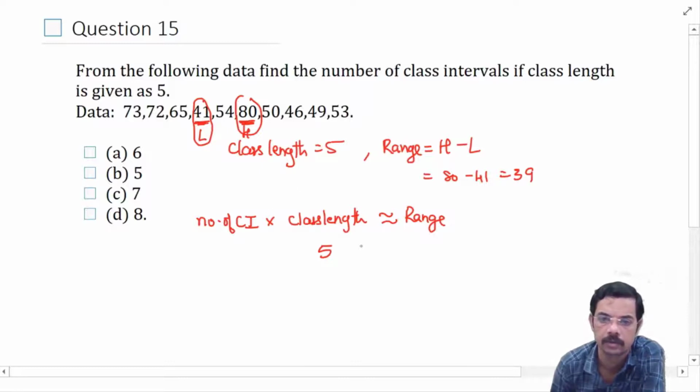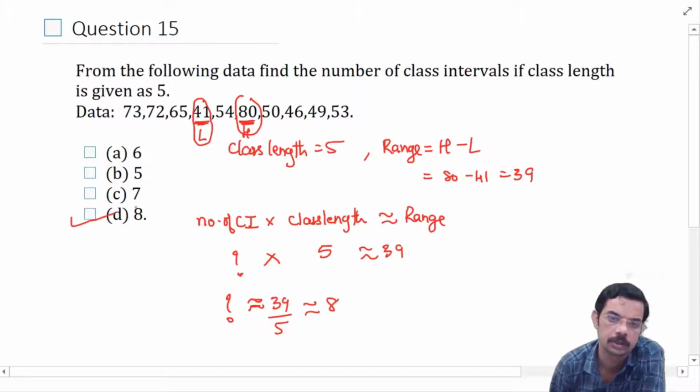Therefore the number of class intervals will be approximately equal to 39 by 5, which is approximately again equal to 8. So we go for this option.